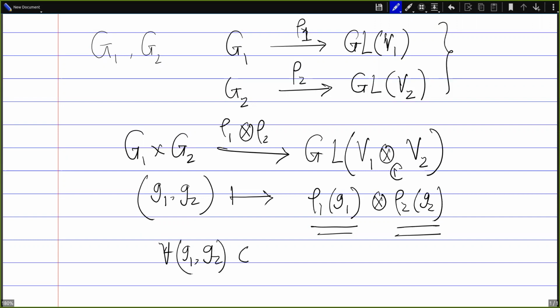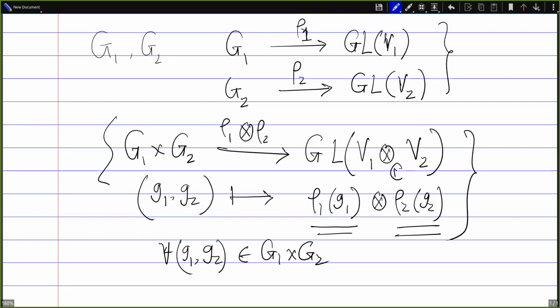So therefore, rho 1(g1) tensor rho 2(g2) defines an invertible linear map on V1 tensor V2 over the field of complex numbers. And since each of rho 1 and rho 2 is a homomorphism, in view of the usual composition laws of tensor product of linear maps, it follows that this is also a homomorphism.